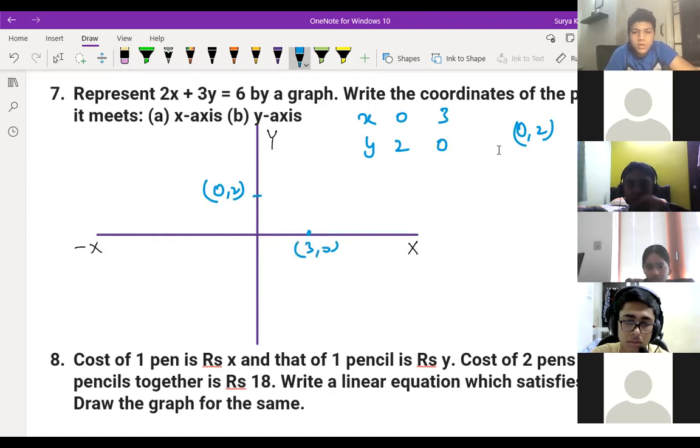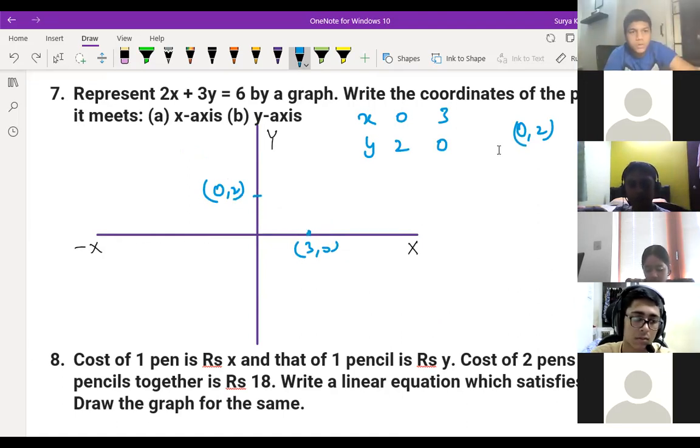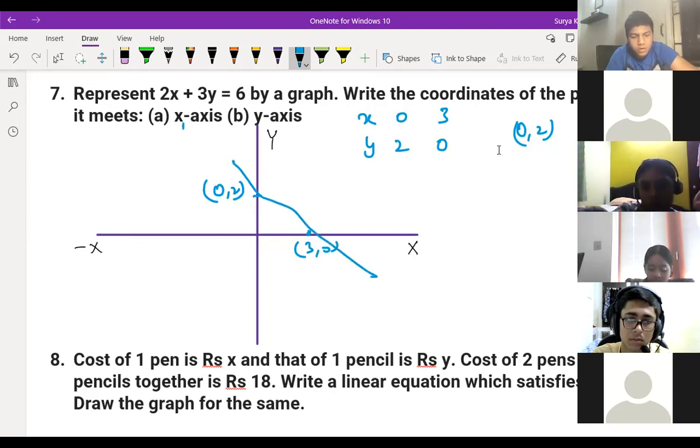So we have to write the coordinates. This point is nothing but a coordinate only. You can't write just 3. This is 3, 0 only you should write. So your answer will be 3, 0 on the x-axis and 0, 2 on the y-axis. Like this one.